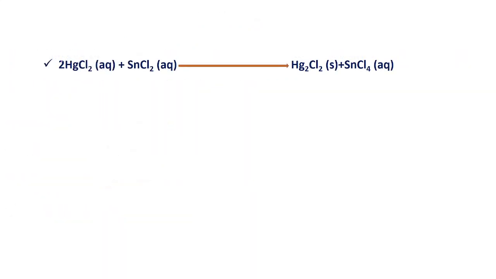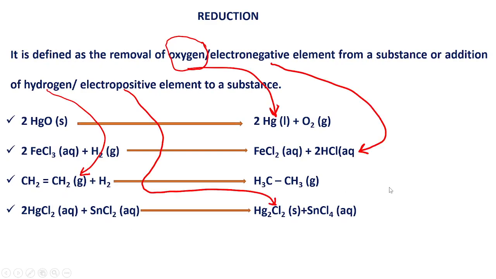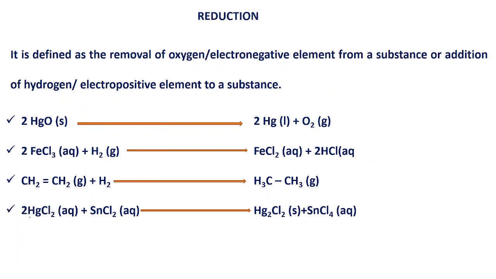Now what is that one more definition you see here? In the last reaction, in the first one, one electropositive element, mercury, is added.